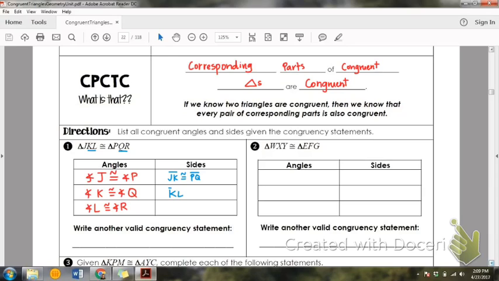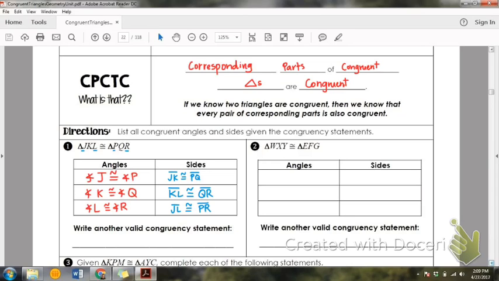So KL is congruent to QR. Then it's always the first and the last. So JL matches with PR.